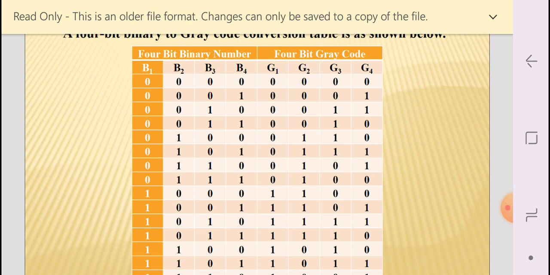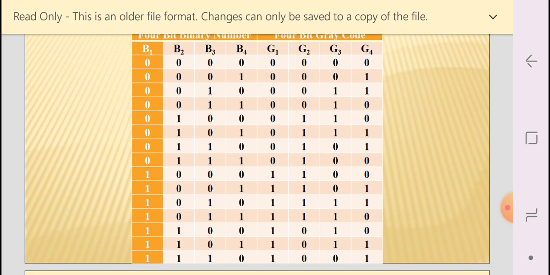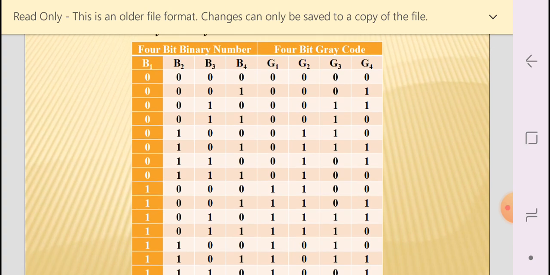And when they differ from each other, 0 1 or 1 0, the output will be 1. Okay. So following this logic, you have to find out the 4-bit gray codes. The 4-bit binary numbers are the input section and the 4-bit gray code numbers are the output section.